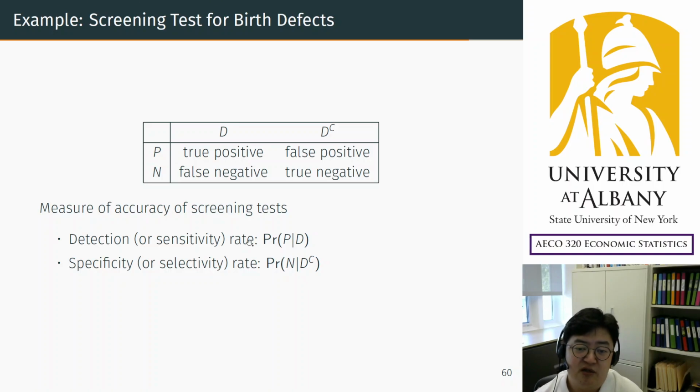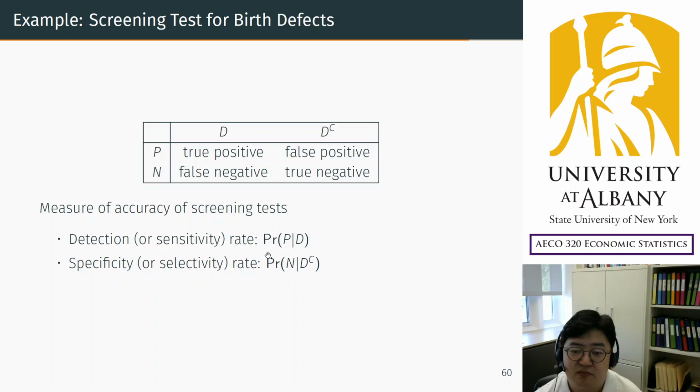So in medical studies, they define terms like that. Detection or sensitivity rate is defined as the conditional probability of true positive given the condition exists. On the other hand, the true negative probability is called specificity, or selectivity rate.